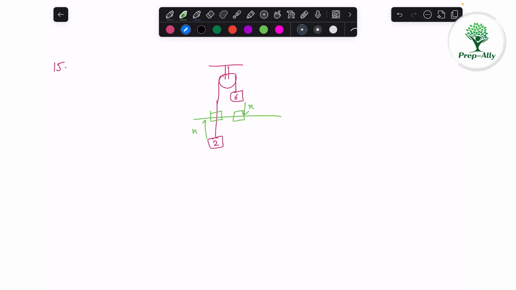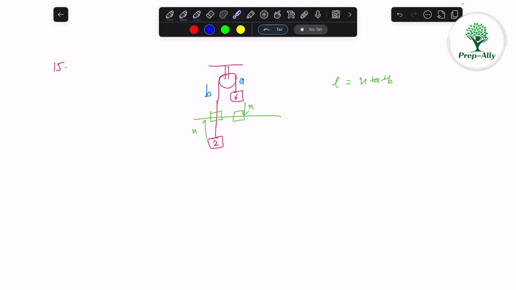The distance traveled will be the same for both, because in the first case I can say that the length of the string is, let us say, this part A, and it's A plus x plus this part B. So the length of the string is x plus A plus B.